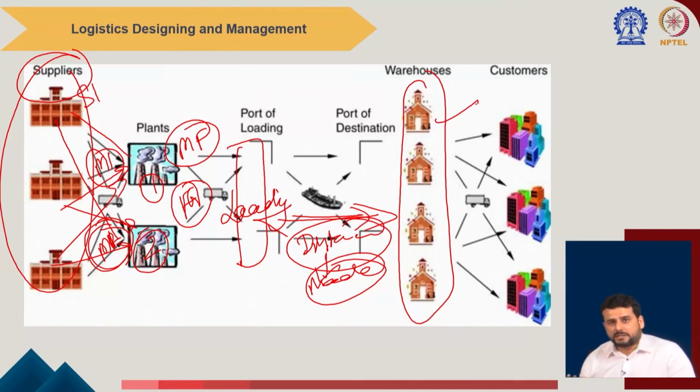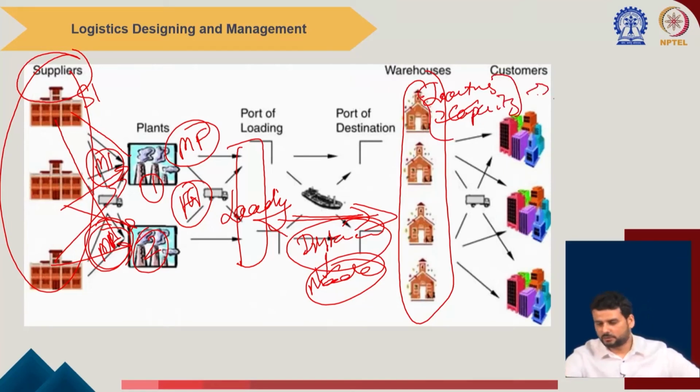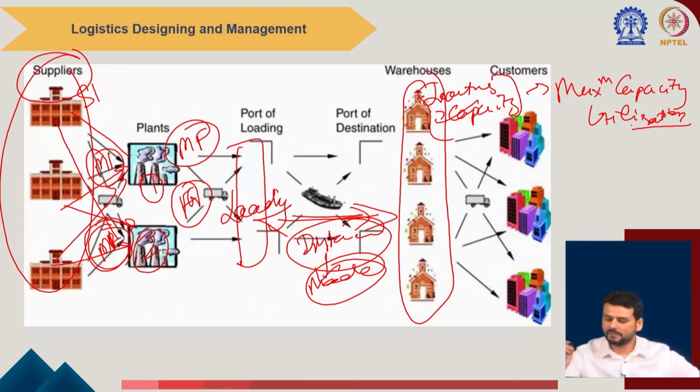Again, because we have done strategic location analysis for deciding the warehouse facilities, and not only the location but also the capacity of that warehouse, because we want to utilize the maximum capacity. So maximum capacity utilization we need to ensure, right?